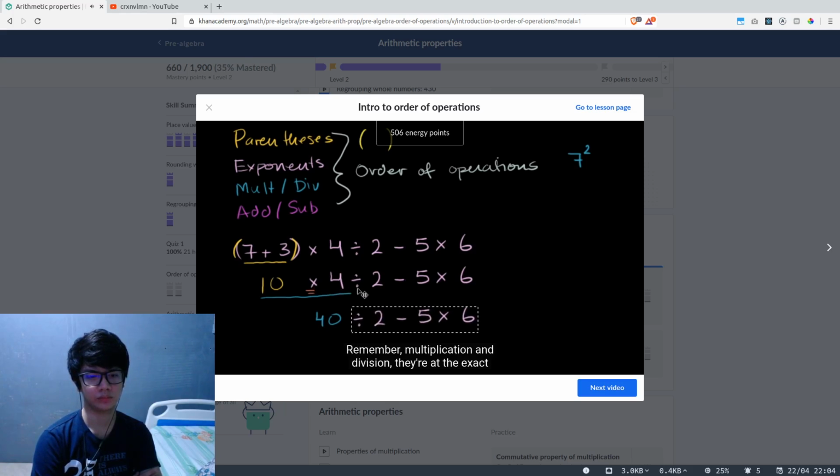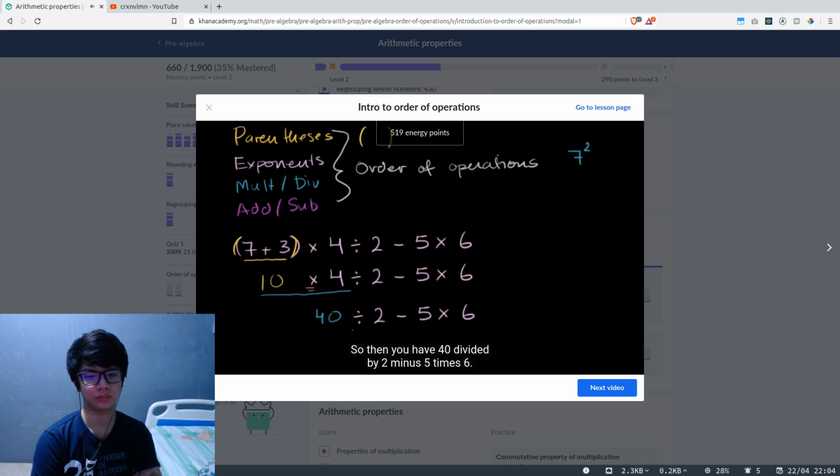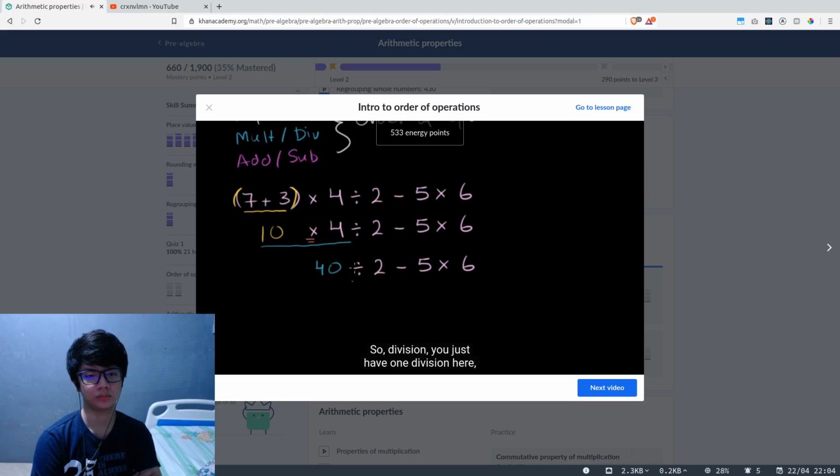Remember, multiplication and division are at the exact same level, so we're going to do it left to right. You could also express this as multiplying by 1/2, and then it wouldn't matter the order. But for simplicity, multiplication and division go left to right. So then you have 40 divided by 2 minus 5 times 6. You just have one division here. You want to do that.